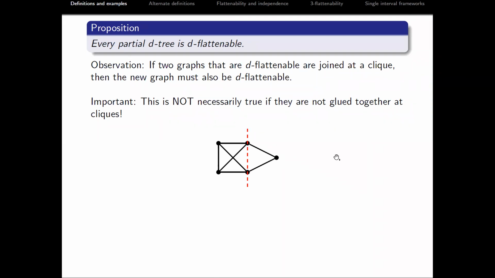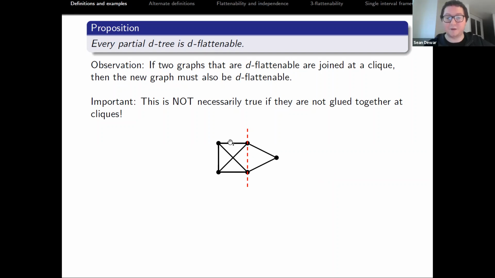Two-flattenable means for every set of edge lengths for which there's a realization, you need to be able to find, for the same edge lengths, a realization in 2 dimensions. So for instance, what I would do here is I would make all these edges length 1, this edge length 1, and this edge length 0.